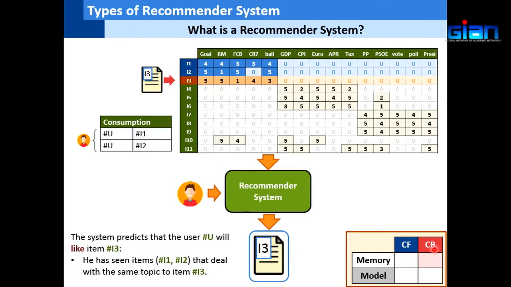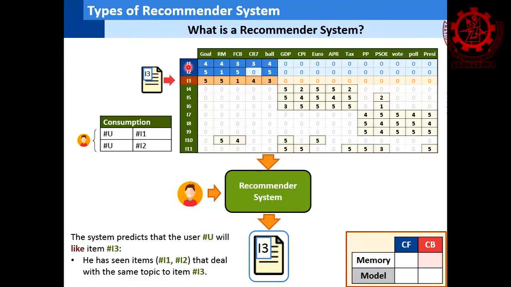As previously, we have some questions, some issues that we need to answer. For example, what is the similarity between items, and what is the similarity between users, as in the previous recommender system, because we need to say, okay, this item is similar to the items that the user has consumed.